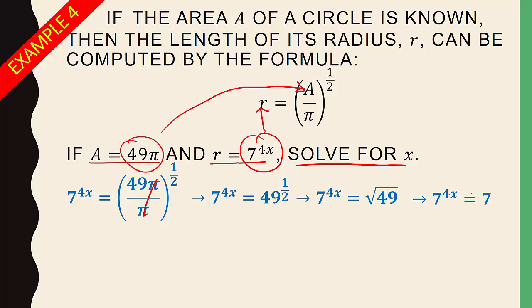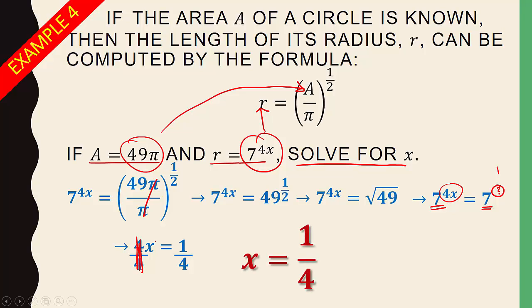So what we need to do is, we have similar bases, right? And we have an exponent. You might be wondering what this is. Well, if there's nothing there, it's a 1. So we set 4x equal to 1, divide both sides by 4, thus getting rid of the 4, the coefficient, which leaves me with x equals 1/4.